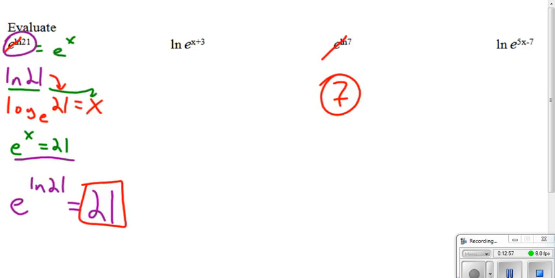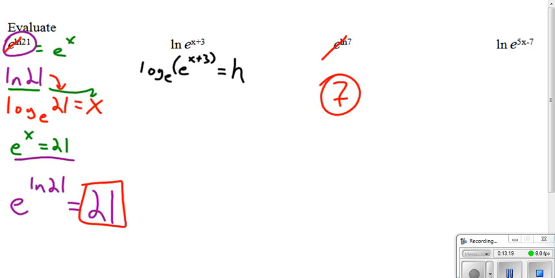Same thing here. What does ln of e to the power of x plus 3 mean? Well, again, ln is like a log base e of e to the power of x plus 3. So what it's saying is this value, let's set it equal to h.